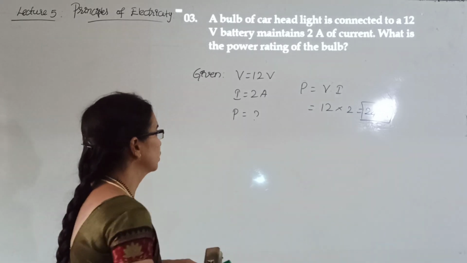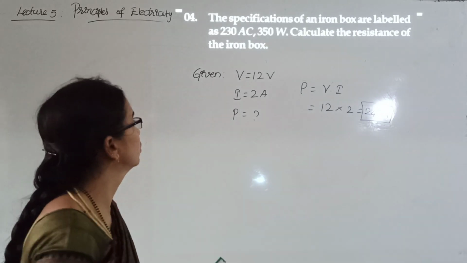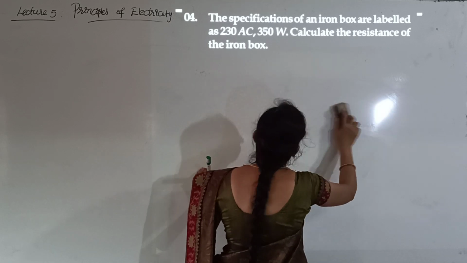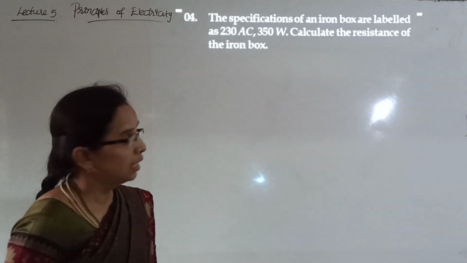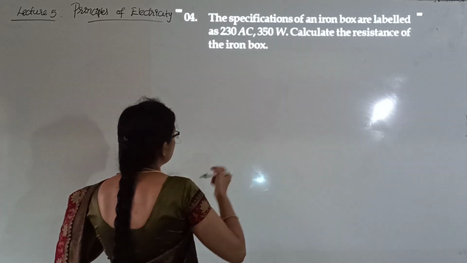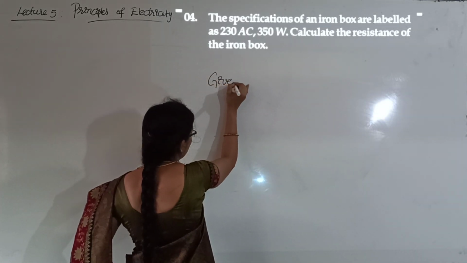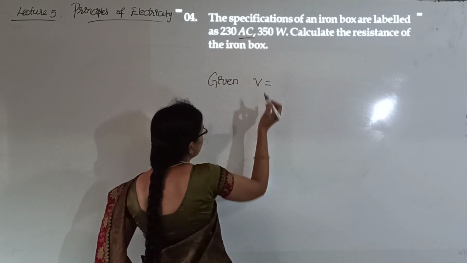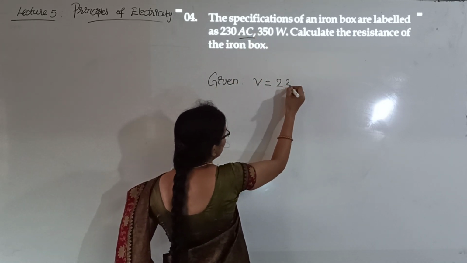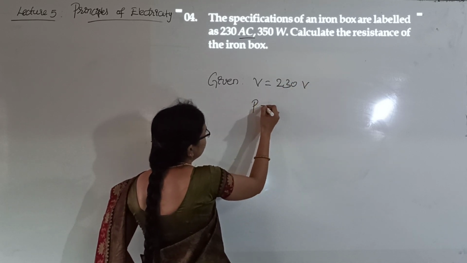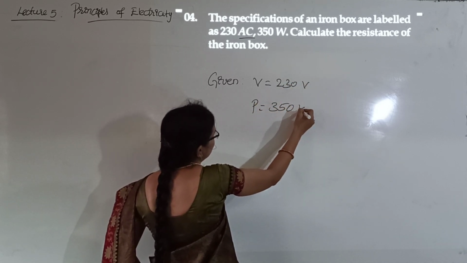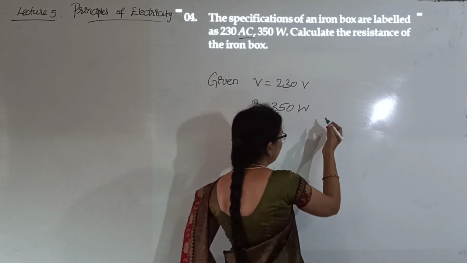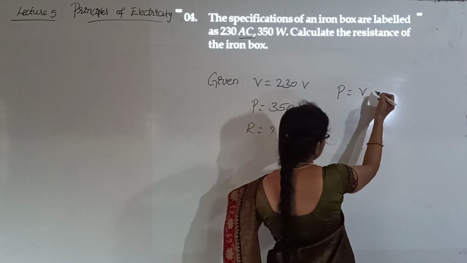So to maintain all those things correct, you should write the problems and solve them in a separate book. Okay. The next problem. The specifications of an iron box are labeled as 230 AC, that is, given voltage is AC 230 volt and power is 350 watt. Calculate the resistance of the iron box. For that we should calculate the current first.